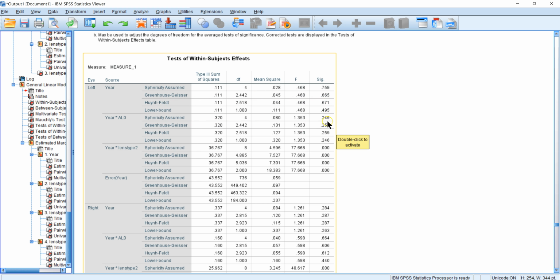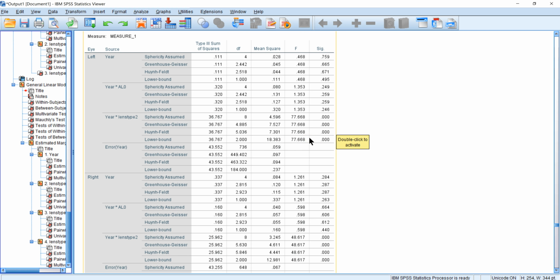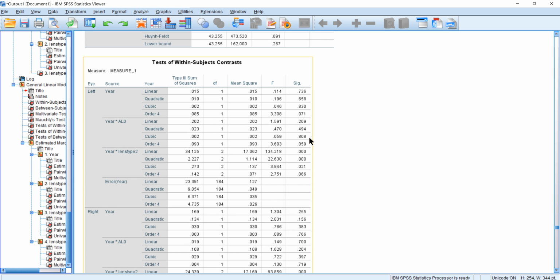We don't have a significant effect of year by baseline, but we do have a very significant effect of year by lens type 2. Now remember, whenever you have a significant interaction, you don't really pay as close attention to the main effects of year or even year with this other factor. So we do see that we have a significant interaction.